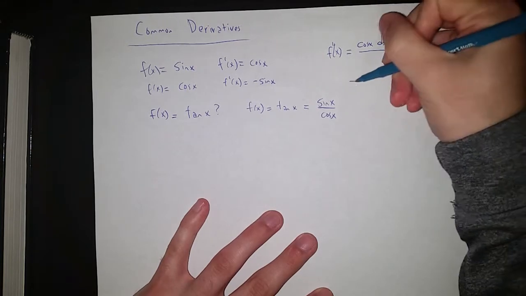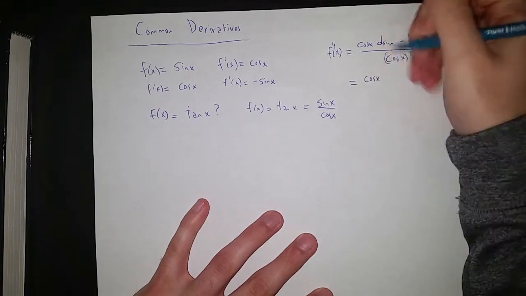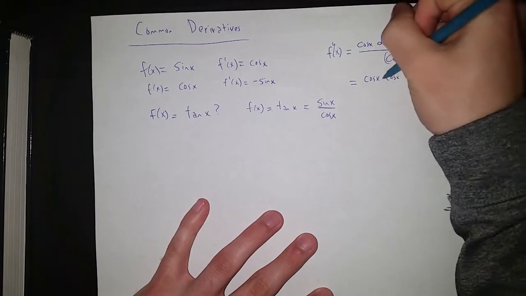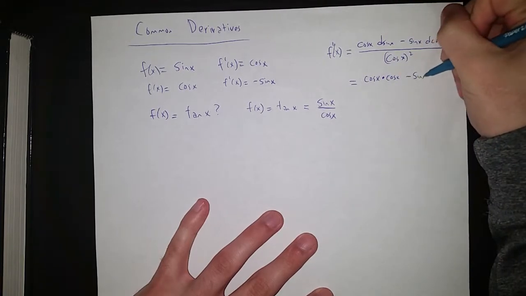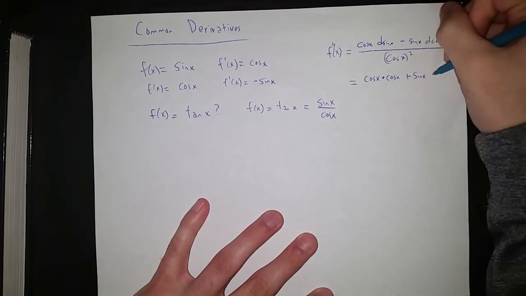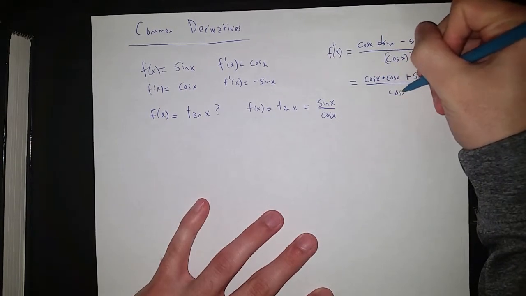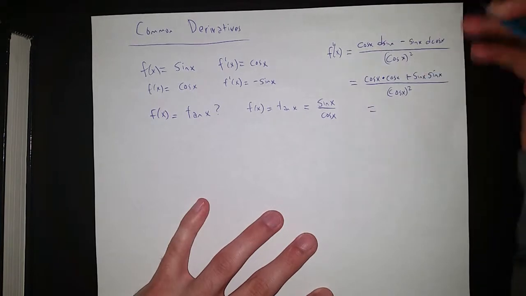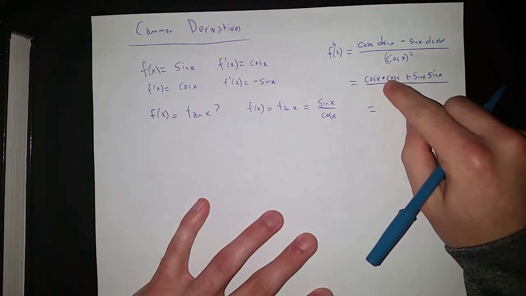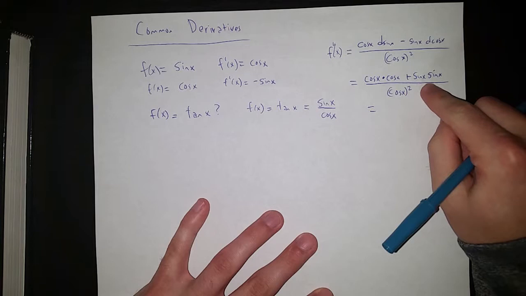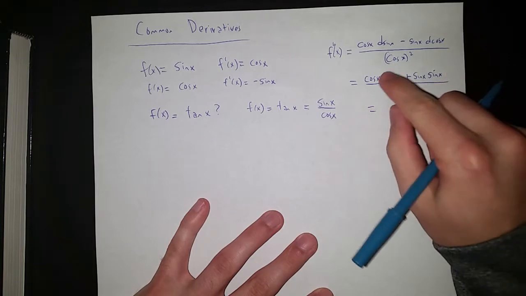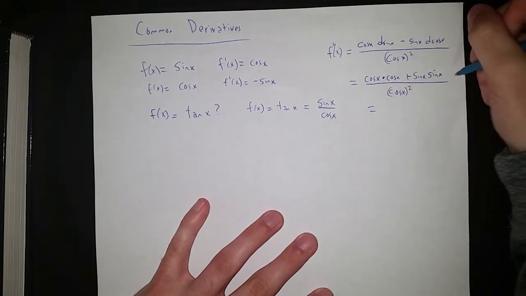Okay, so now let's plug in. So we have cosine x times cosine x minus sine x plus, because we're multiplying by a negative sign, over cosine x squared equals, so from trig we know that cosine squared plus sine squared equals 1.